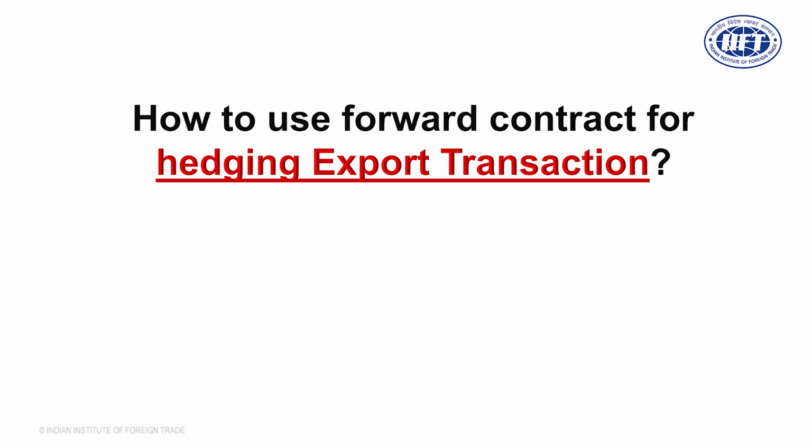You give the details about your export transaction: amount, currency, and the period. Do you want to cover currency risk for 1 month, 2 months, 3 months, 6 months? Up to 12 months, forward contracts are very relevant, very cheap, and the moment you pay 1,000 to them, they will give you the forward rate for today.